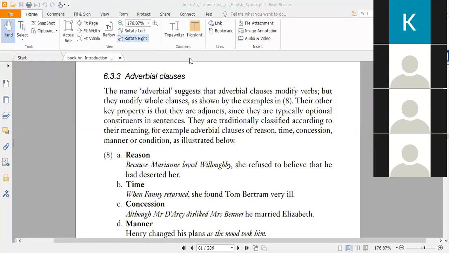They are traditionally classified according to their meaning. For example, adverbial clauses of reason, time, concession, manner or condition, as explained below, along with the examples.